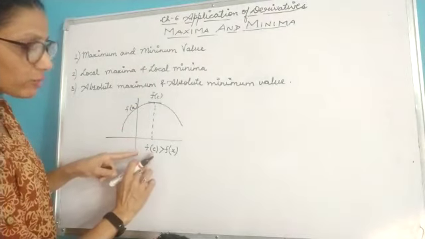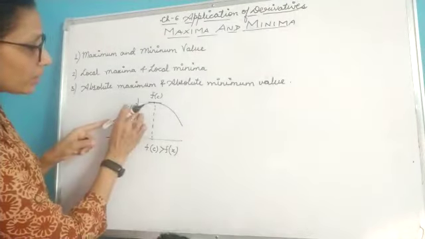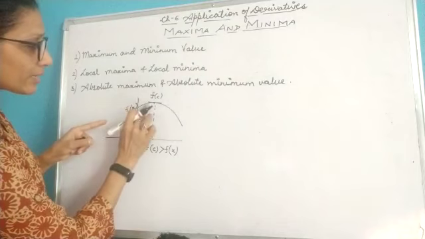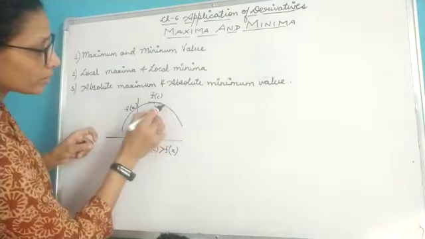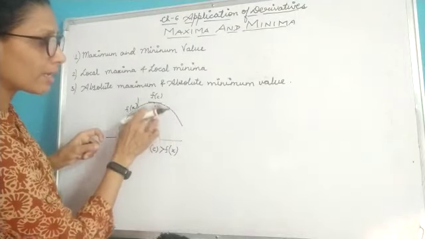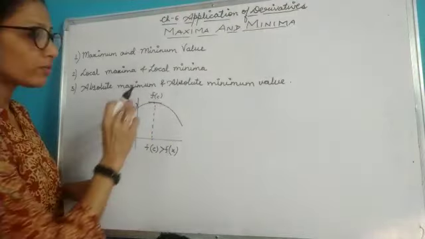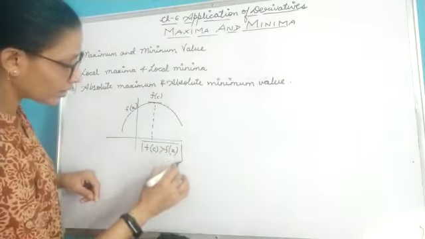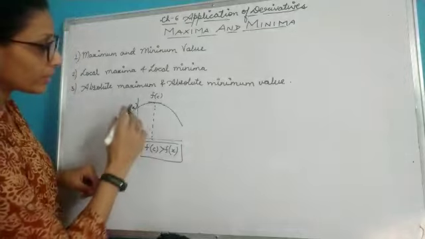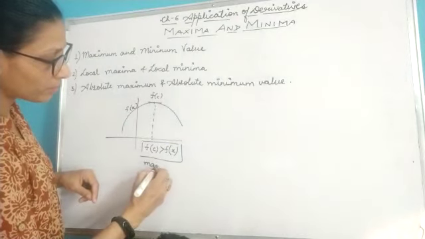That means f(x) is less than f(c). So if this condition is satisfied, then we will have the maximum value over here.